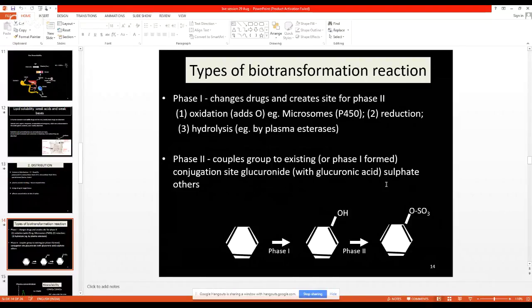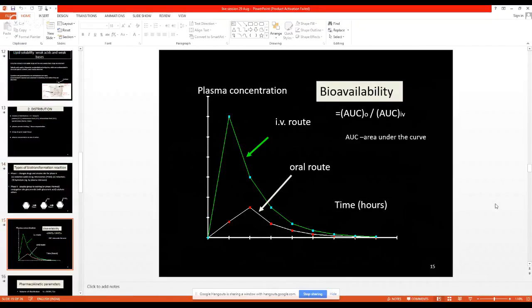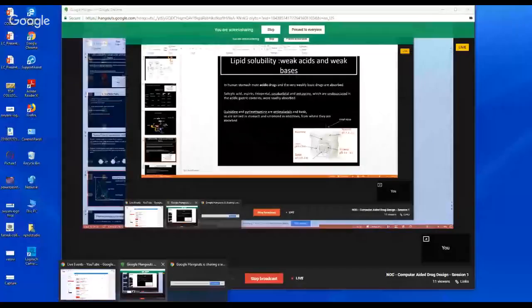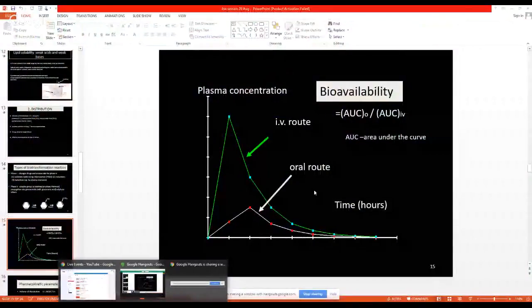And then in phase 2, you are adding sulfates or glucuronides and so on. So you make your drug very, very hydrophilic, and hence it may get excreted from the plasma through the urine.